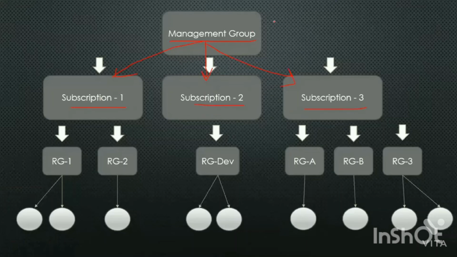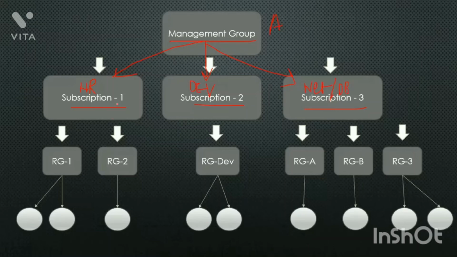Suppose there is a company named A. A has 3 subscriptions. Maybe subscription 1 is for the HR department. Subscription 2 is for the development department, where developers can develop their applications and manage the infrastructure. And the third one is for the network or database team, which is used to maintain the database or the network.